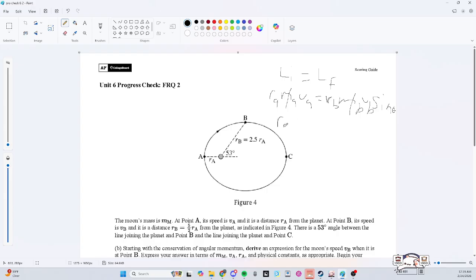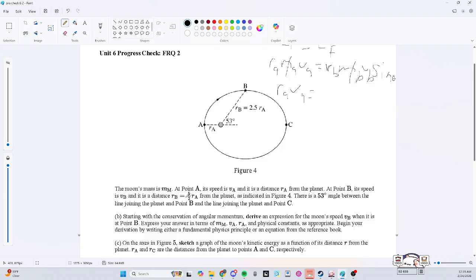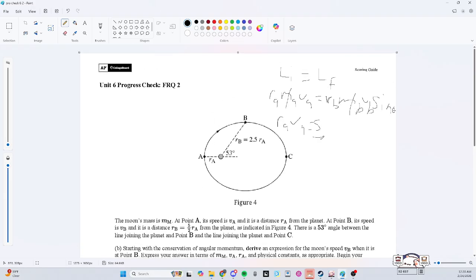So now we have RA VA is equal to, now RB says right here it's just 5 over 2 RA, so we can cancel out this.